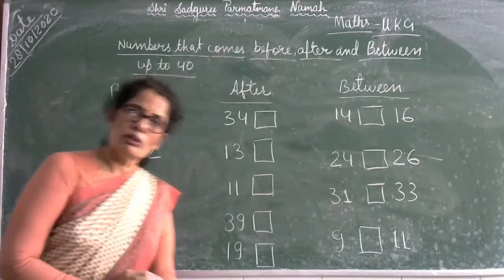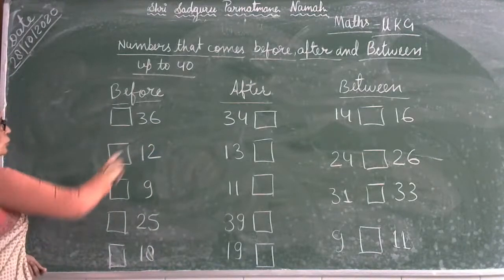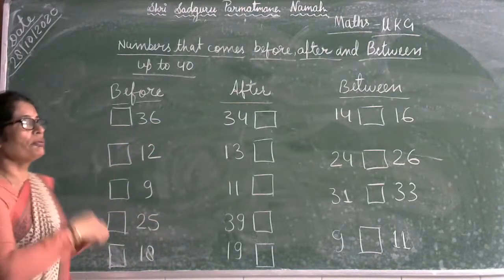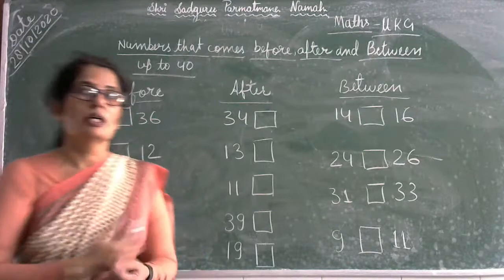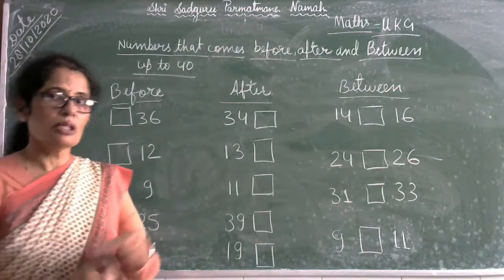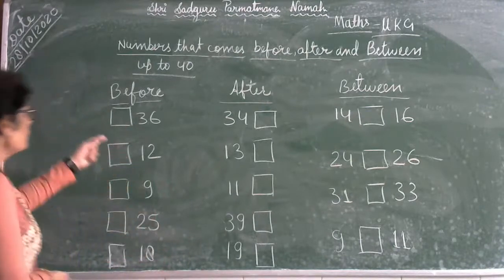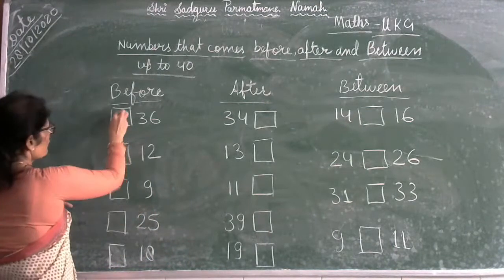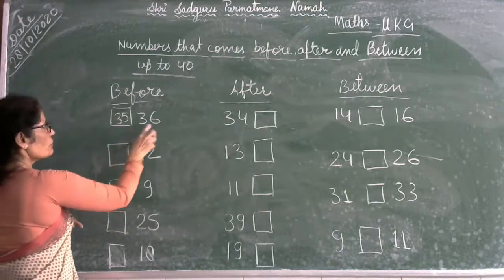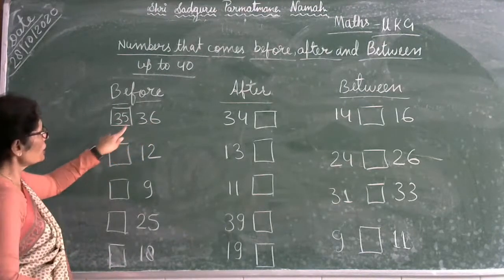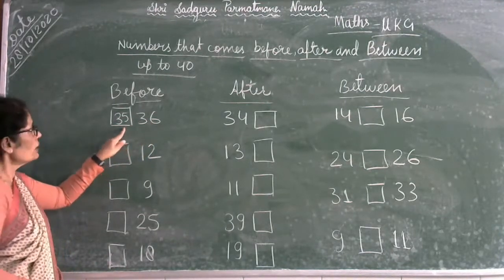Backward counting. We have to read it. So just before 36, we have to imagine in mind, it is 35. When we read backward, it is 35. So the number 35 just comes before 36.